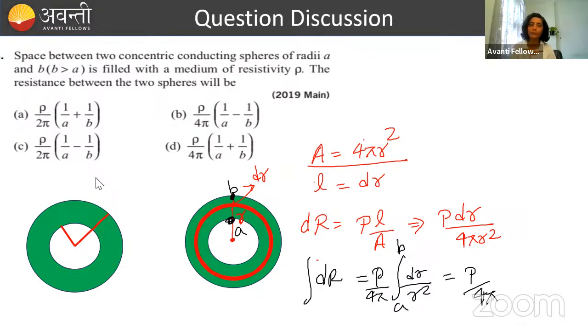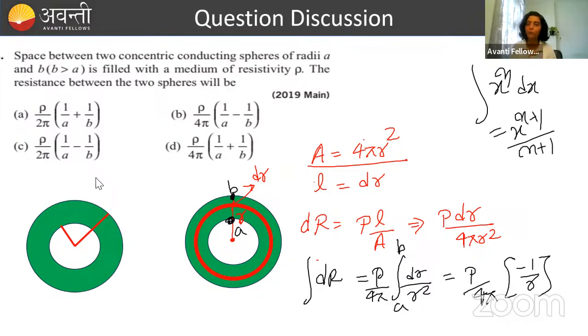What will be the integration of 1 by R square? It will be minus 1 by R. You already know the formula: integral of x to the n dx is x to the n plus 1 by n plus 1. Here the value of n is minus 2. So you will get this from A to B. Now put the values.